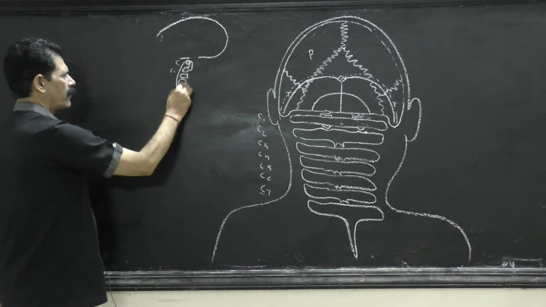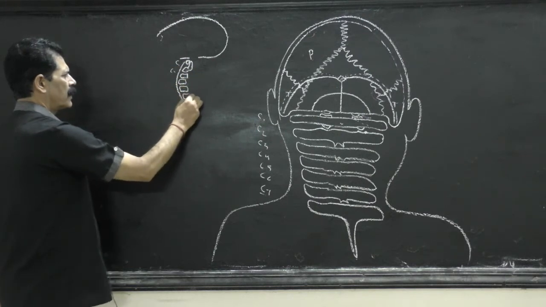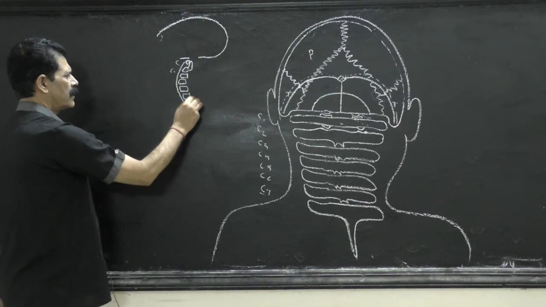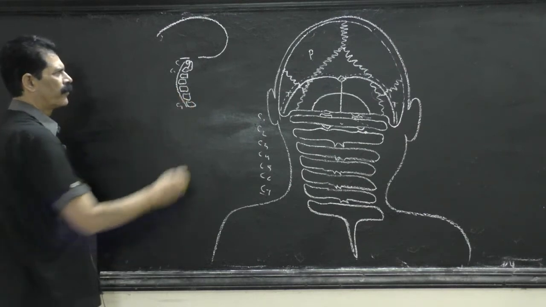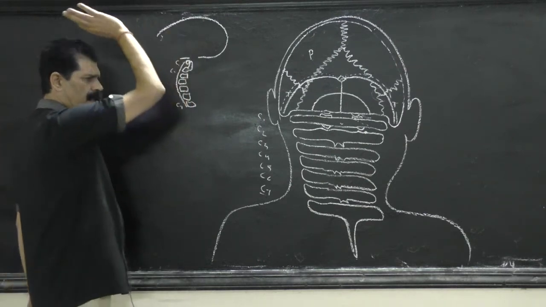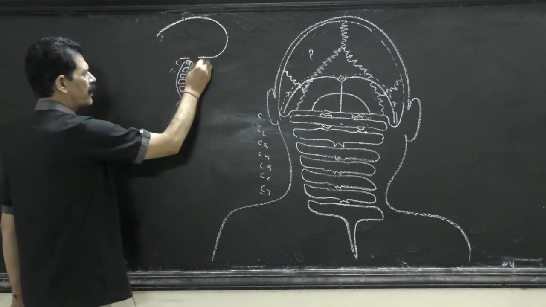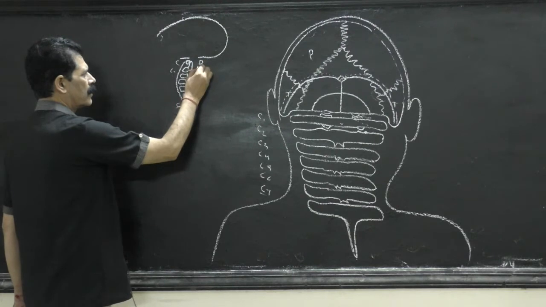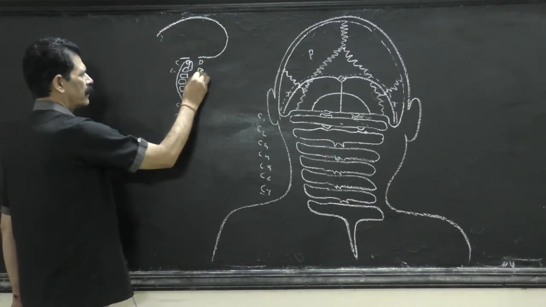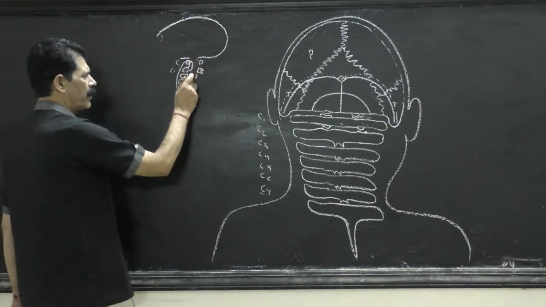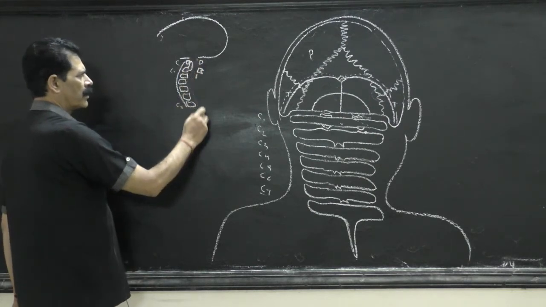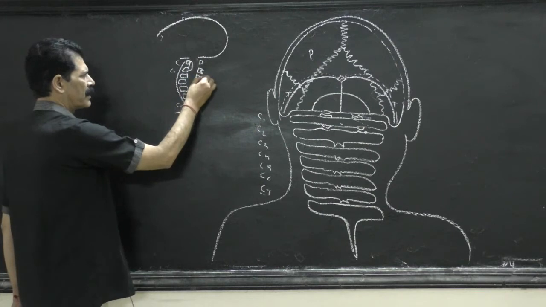Then C4, C5, C6, C7. And this is the sagittal section of the head and neck. This is the posterior arch of the atlas. This is the bifid spine of the axis. And this is the vertebral or spinal canal, which contains the spinal cord. This is the sagittal section.